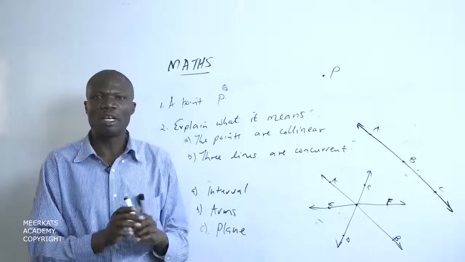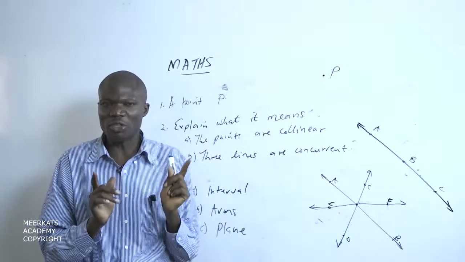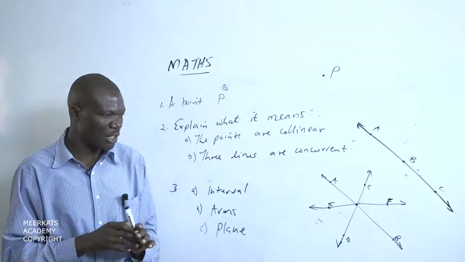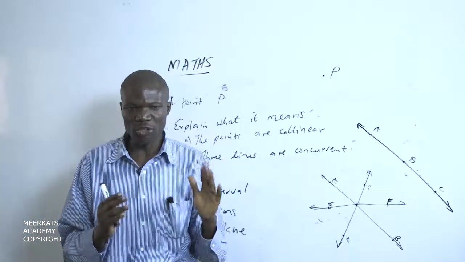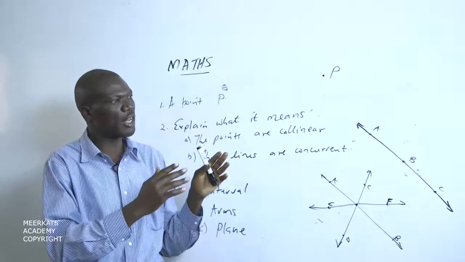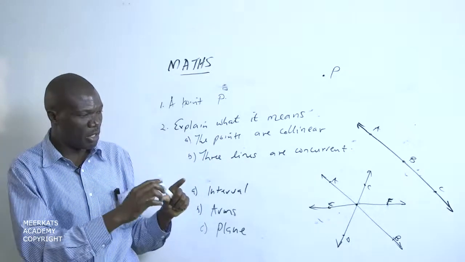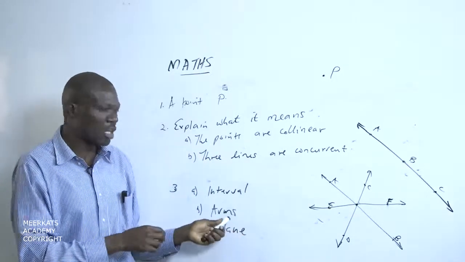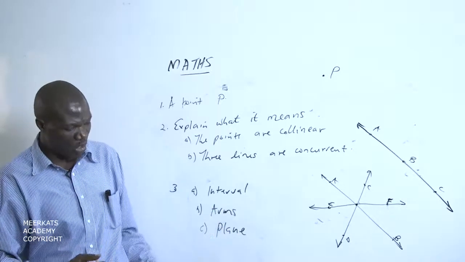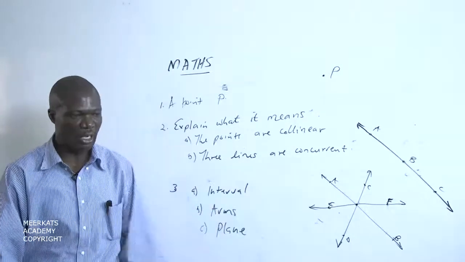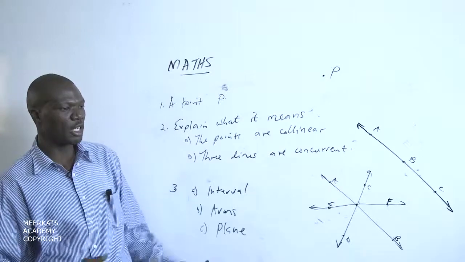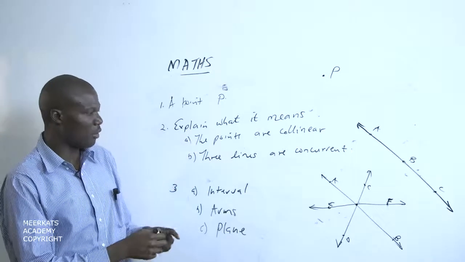Then for the arms, two arms are supposed to give us an angle. So we shall look at a place where we actually have two intervals. So two areas where we have intervals intersecting or meeting to form an angle is what will give us an arm. So when you take one wall and a floor, it forms an edge. And then we take another wall again and a floor, it forms another edge.